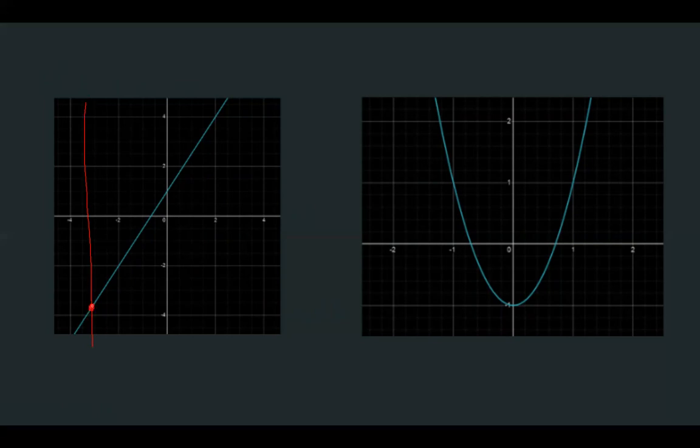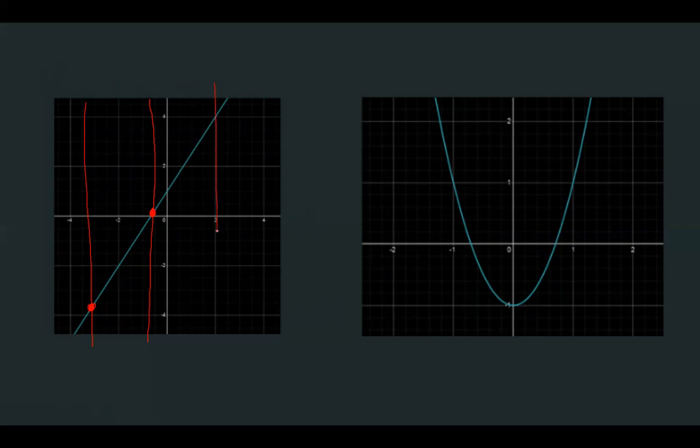As you can see, it intersects at one point. In this diagonal line graph, it intersects at only one point. If I draw another vertical line here, it will still intersect at one point.